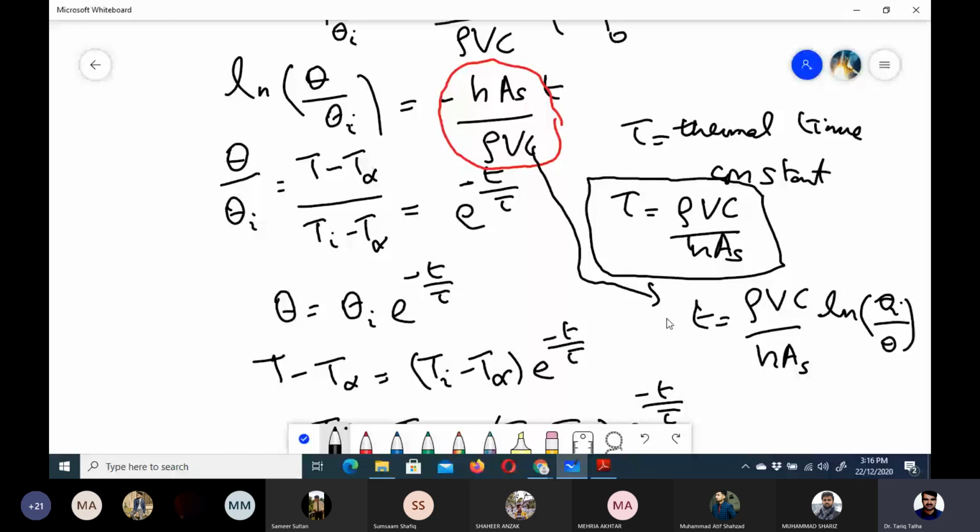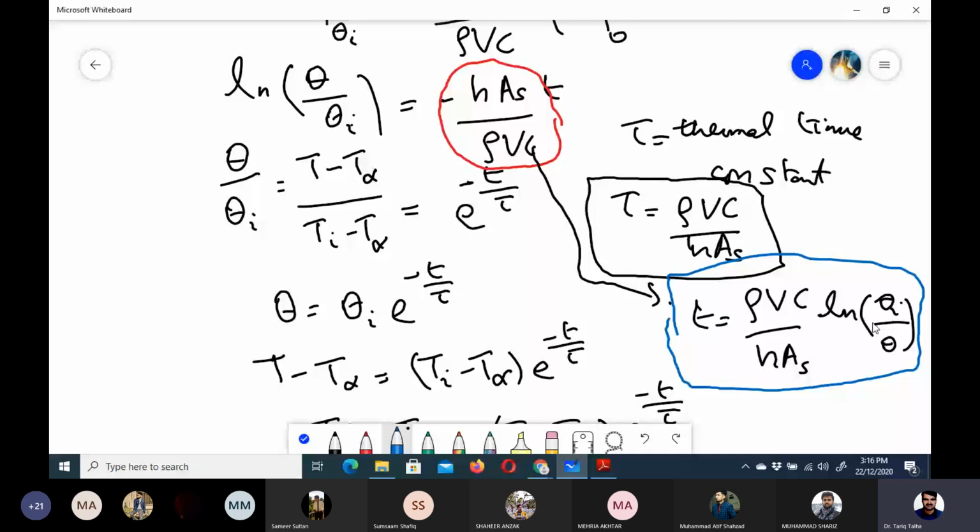So now let me encircle these two equations, because these are the two formulas which we need to calculate. This time is the time required for an object which was at theta I to reach some temperature theta, which is here in the denominator of this natural log function.